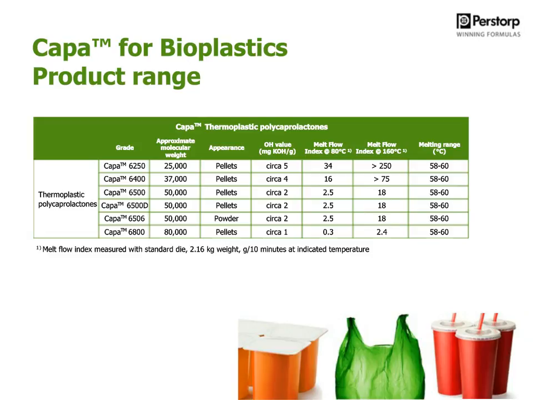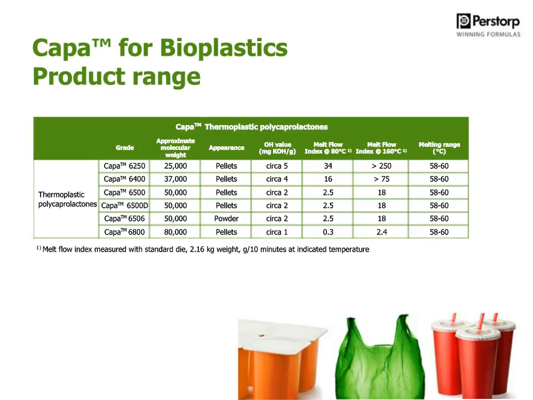We work with samples, and we also work with collaborations where we can make the compounds and evaluate them together with you. Here you can see that we have tested the melt flow index at 80 degrees and at 160 degrees, really to show how the product is behaving at a lower temperature. You can get an idea and compare it to, for example, polyethylene with this melt flow index.